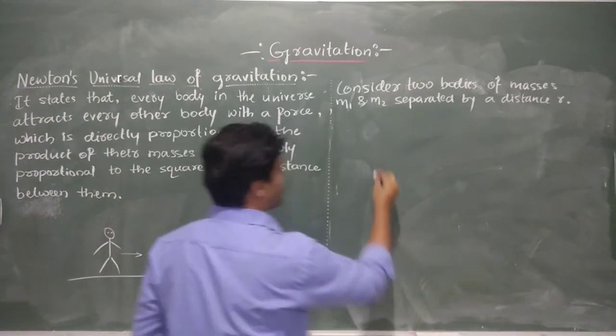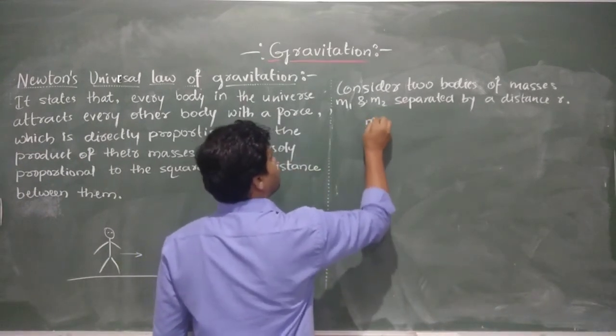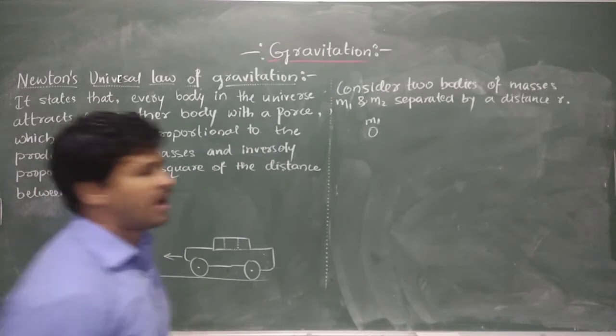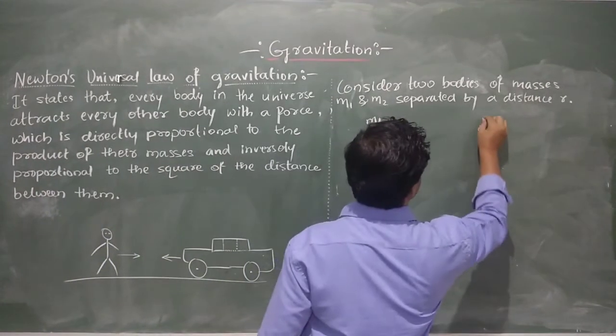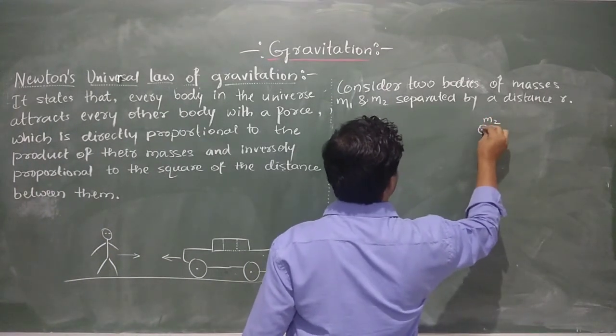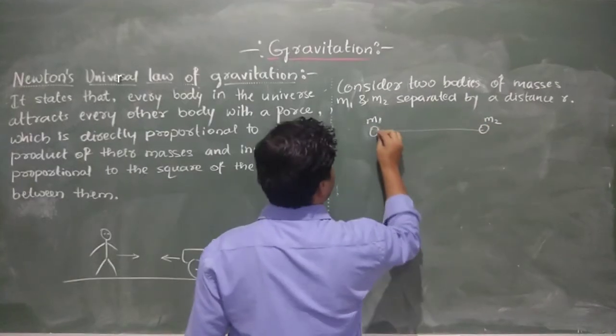So there are two bodies. One has mass m1, and the other body has mass m2, and they are separated by a distance r.